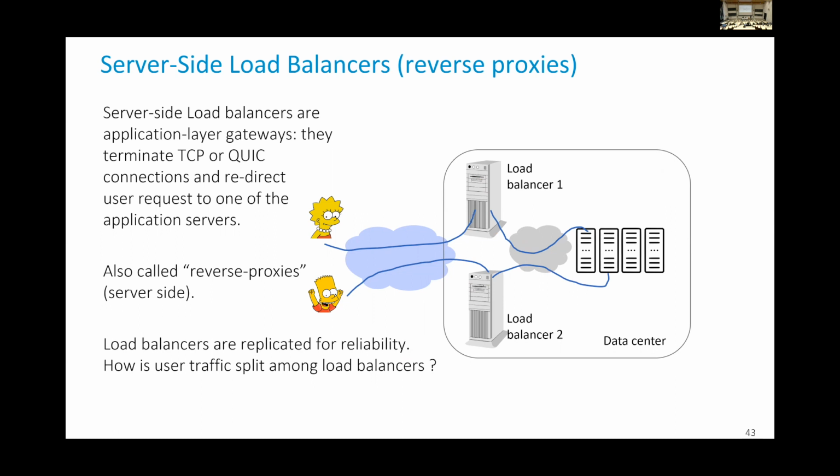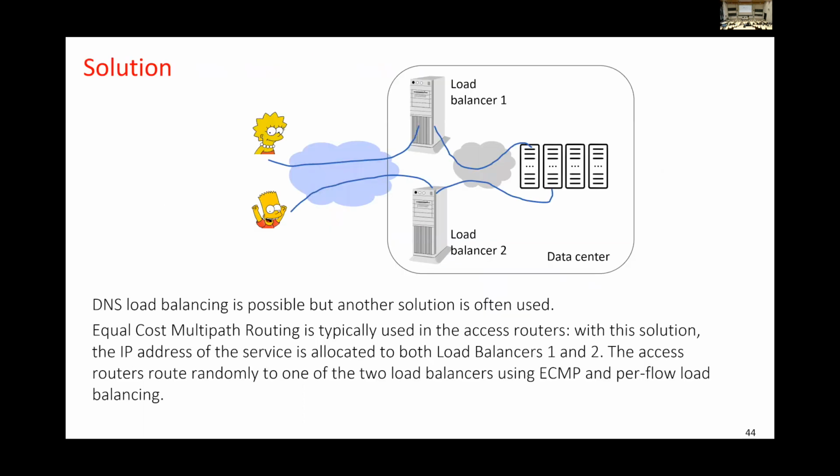That's one of the possibilities that is used, but most systems use something else that we've seen with OSPF called equal cost multipath routing. So typically what will be done, instead of using DNS, because it's more lightweight, is to give the same IP address to all load balancers, inject into, here there's the internet, but just before the internet, there is the infrastructure of routers of this data center.